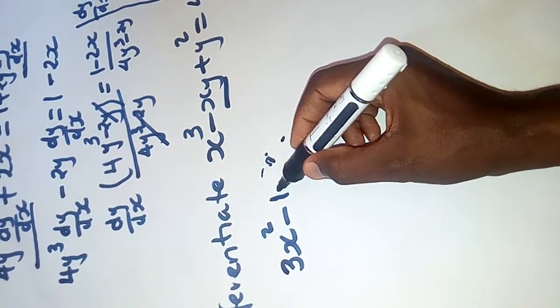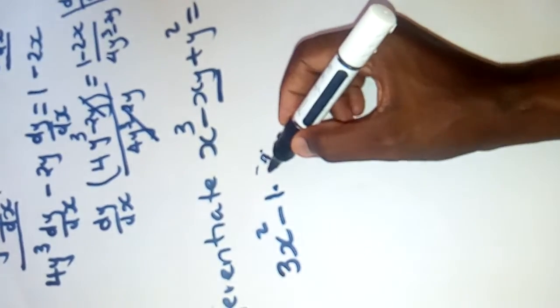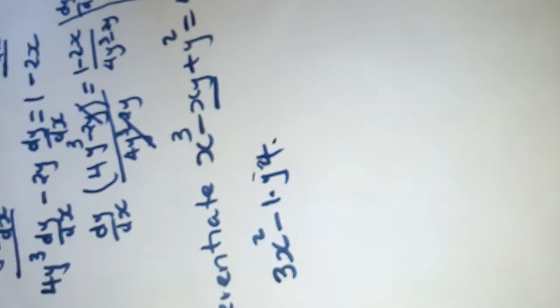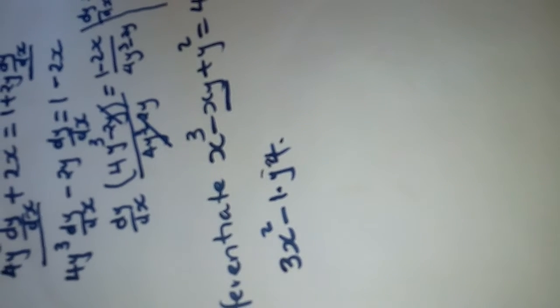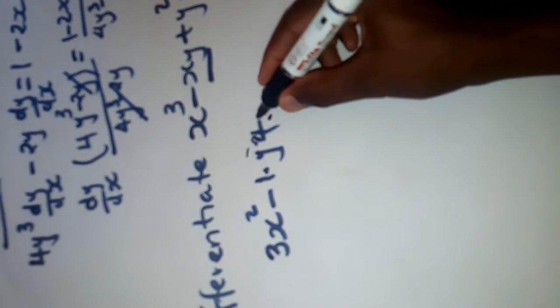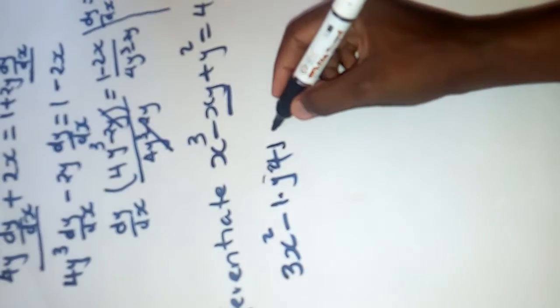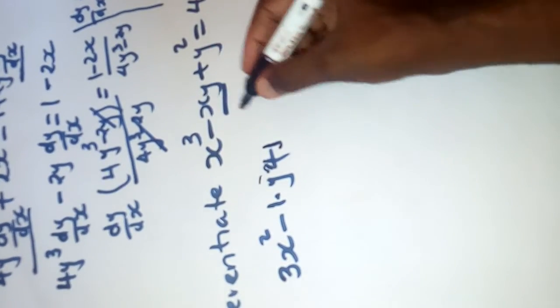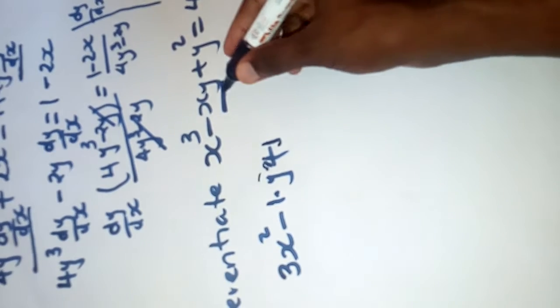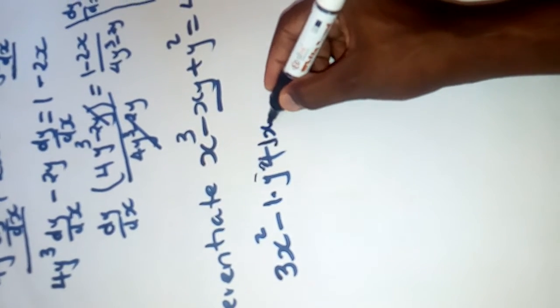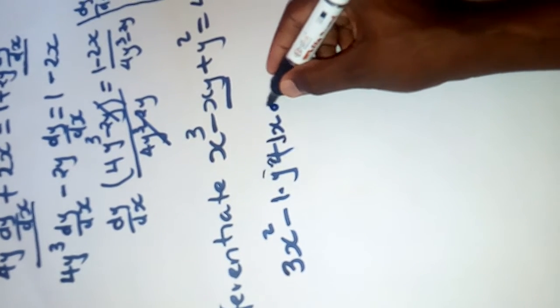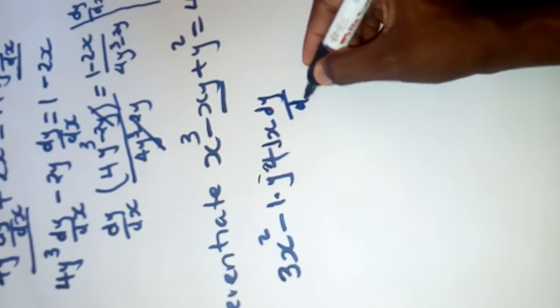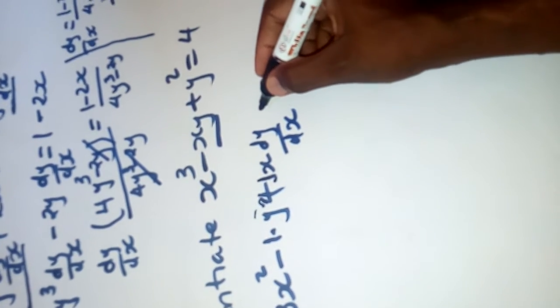Then we multiply by v, which is y, plus v prime, v is y, when you differentiate y, we get 1, but we multiply by x because it is v prime u, and then because we have differentiated a function that contains y, we multiply by dy over dx.